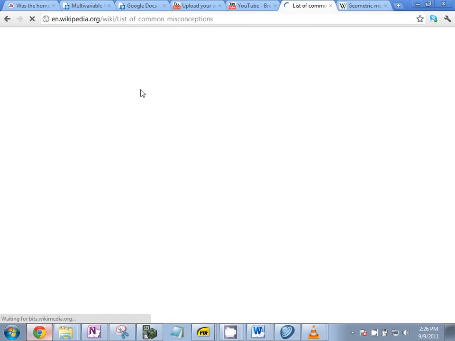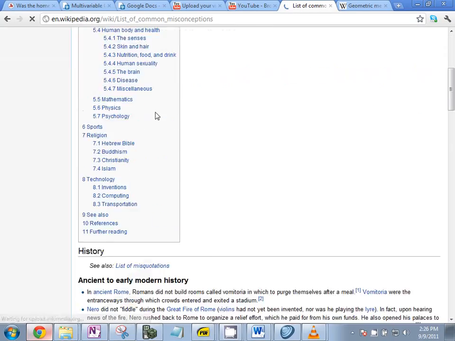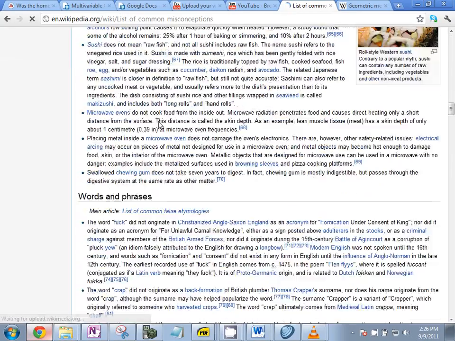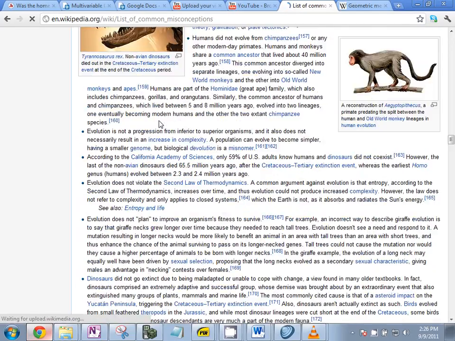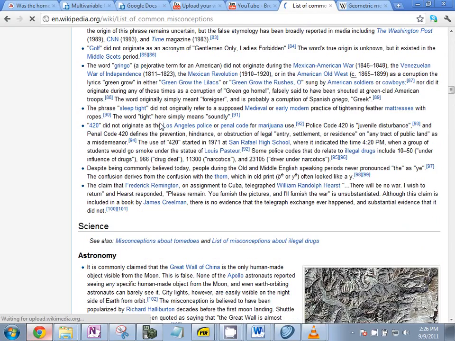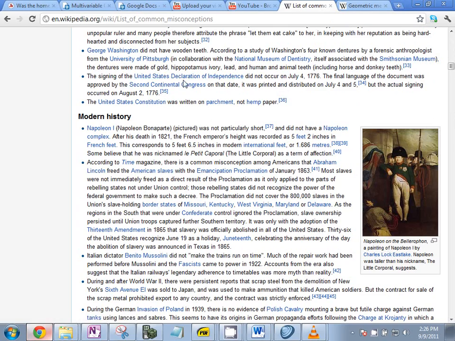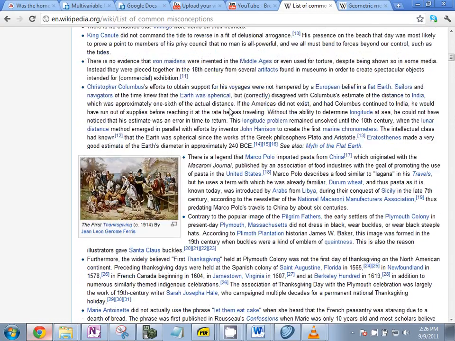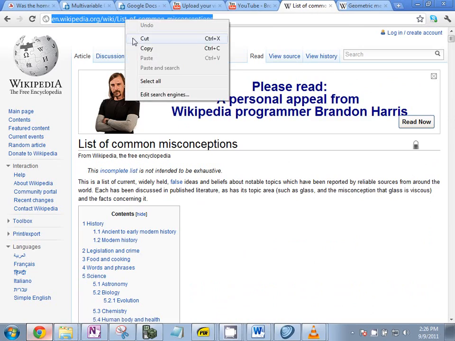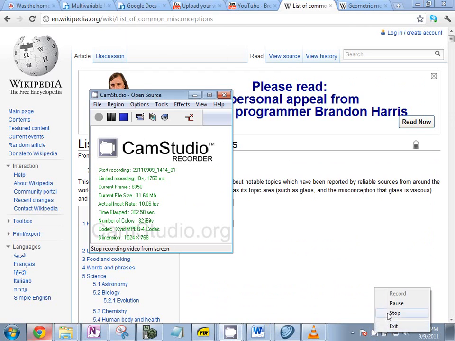This is fantastic. Read this, and you will learn more than I could ever teach you about the world. There are a lot. You know what a common misconception is? It's something that a lot of people believe that is wrong. Like, for example, can you see the Great Wall of China in space? No, you can't. It's a very common misconception. So read this tonight. But Wikipedia has lots of wrong too.